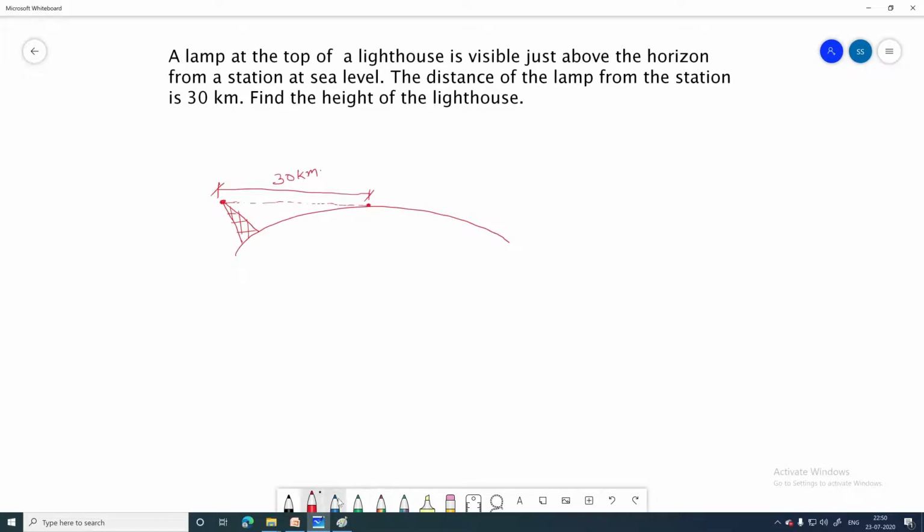Now what we need is to determine the height of the lighthouse. That means we need to determine this height.